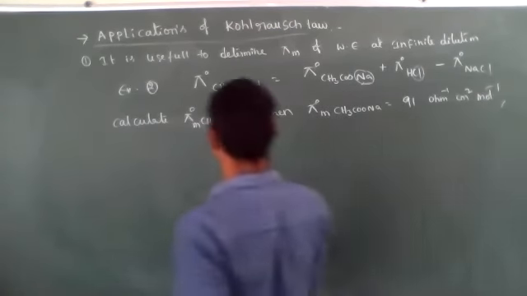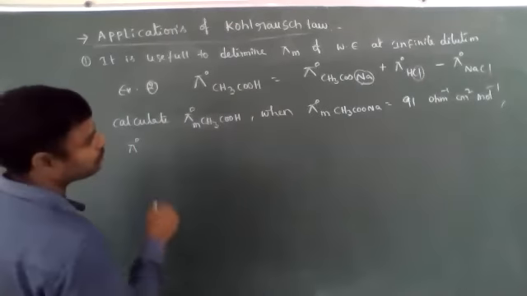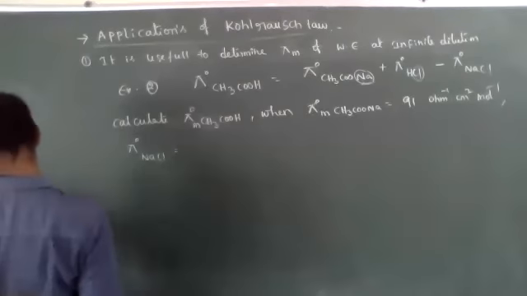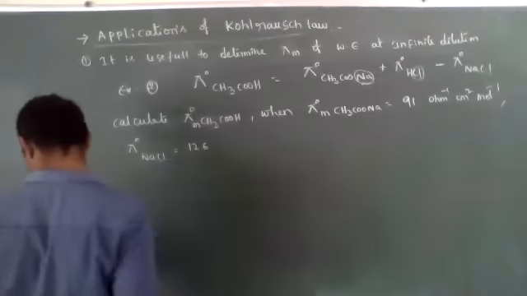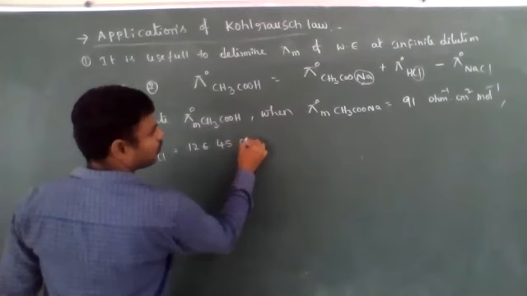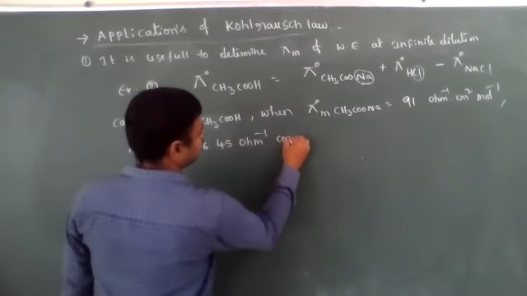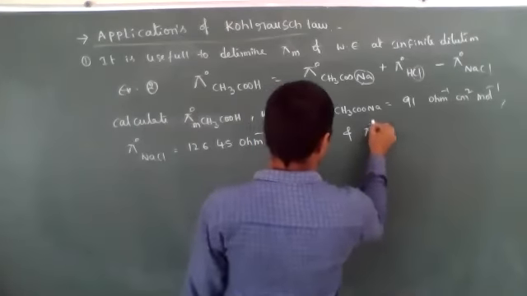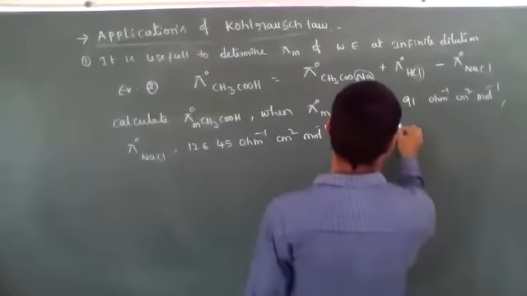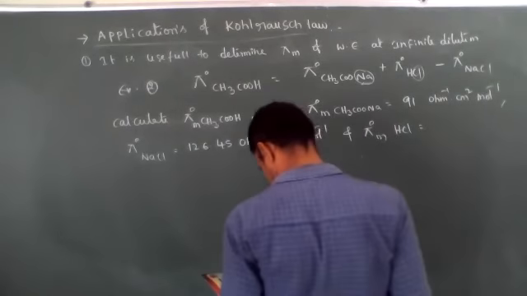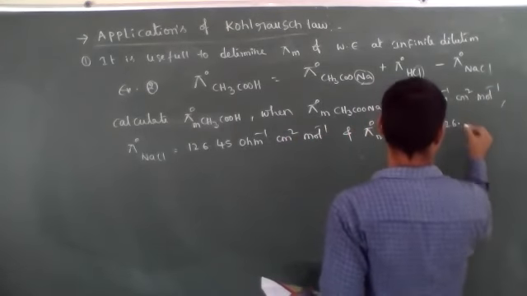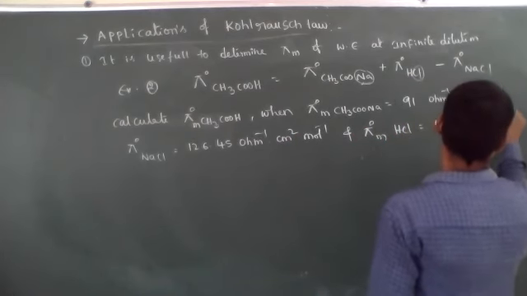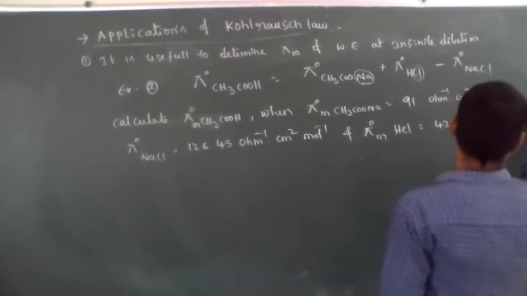The molar conductance of NaCl is equal to 126.45 ohm inverse centimeter square mole inverse, and the molar conductance of HCl, hydrochloric acid, is equal to 426.16 ohm inverse centimeter square mole inverse.